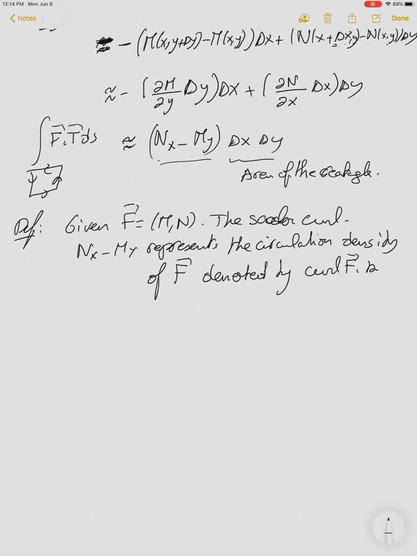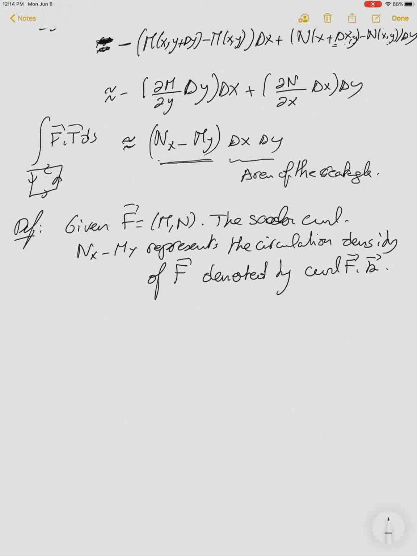I will not use it in general, but it's in the book, it's in the exercises: curl F dot K. And we'll definitely explain at the end of this chapter why it's called curl F dot K.